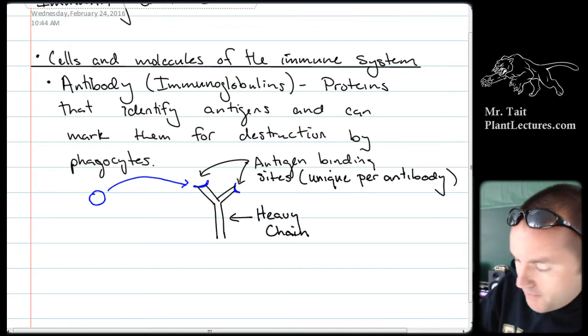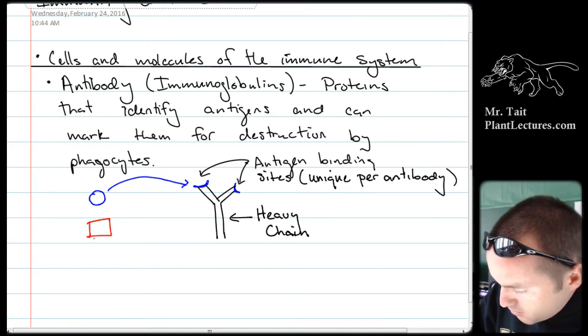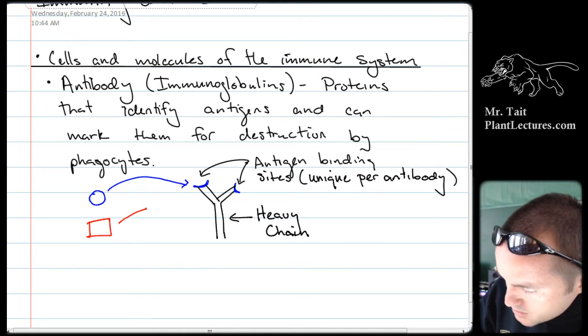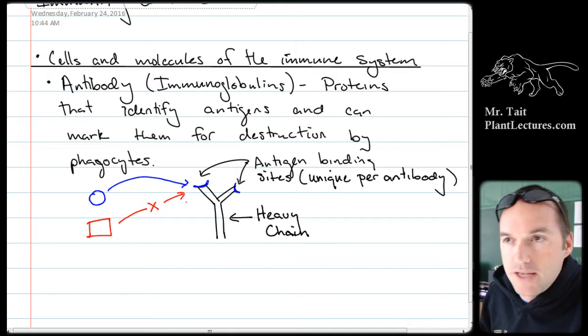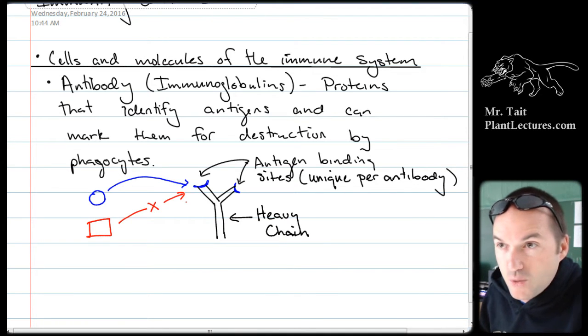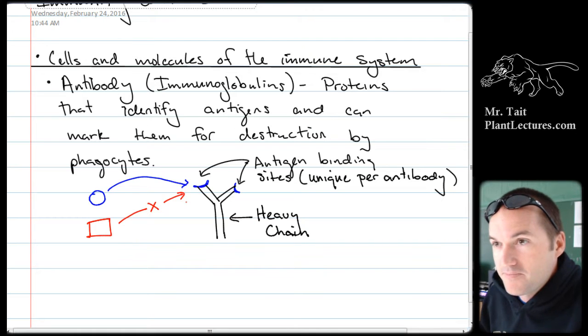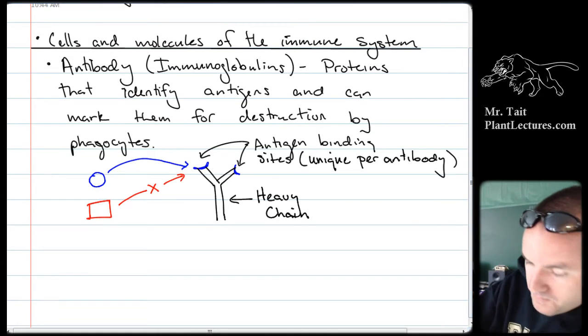But if there was an antigen that was a red square, the red square would not bind to that antigen binding site, and it would need an antibody that had a red square antigen binding site. Make sense?